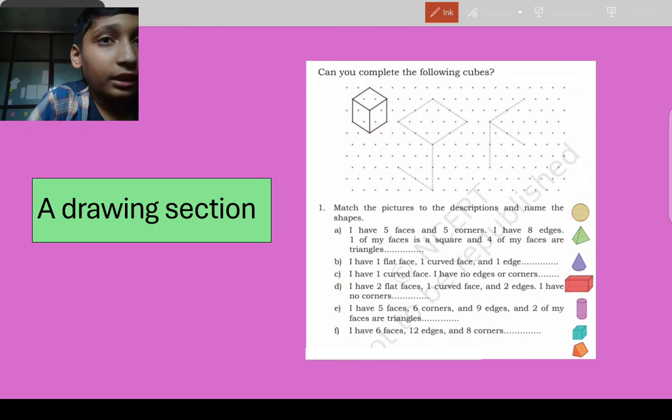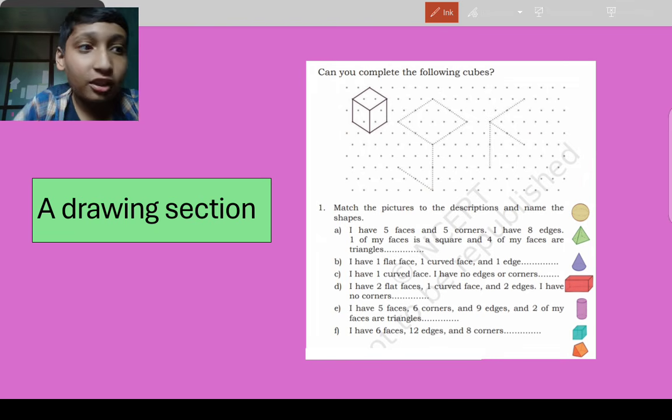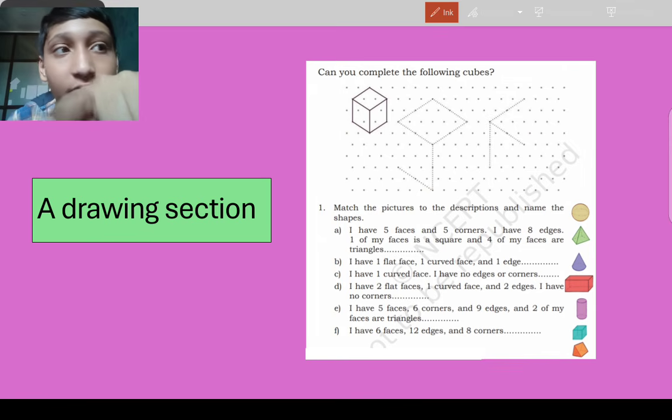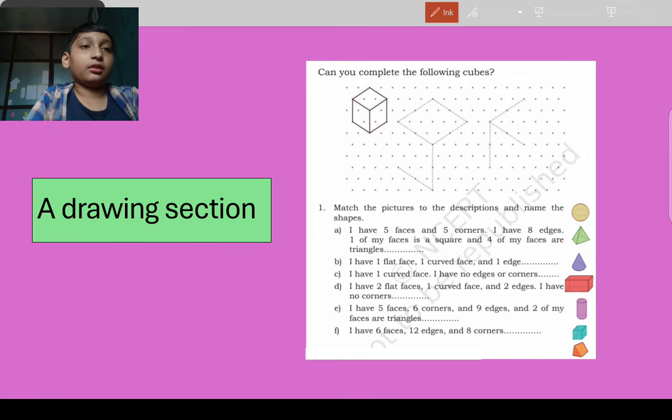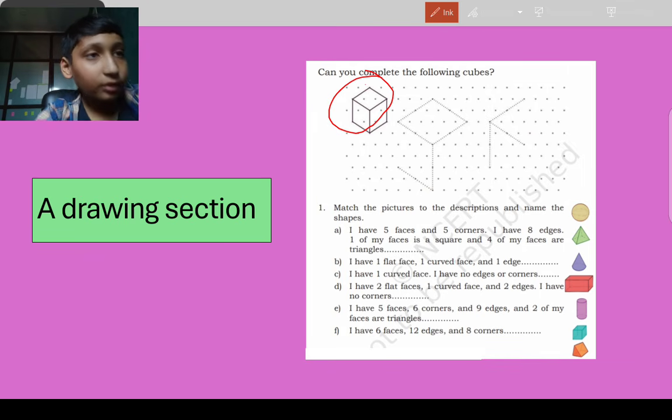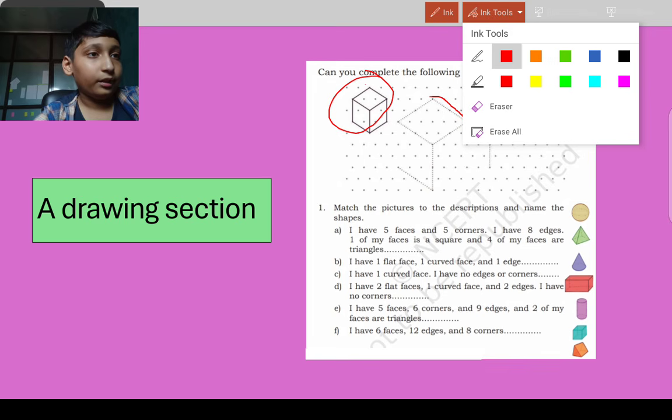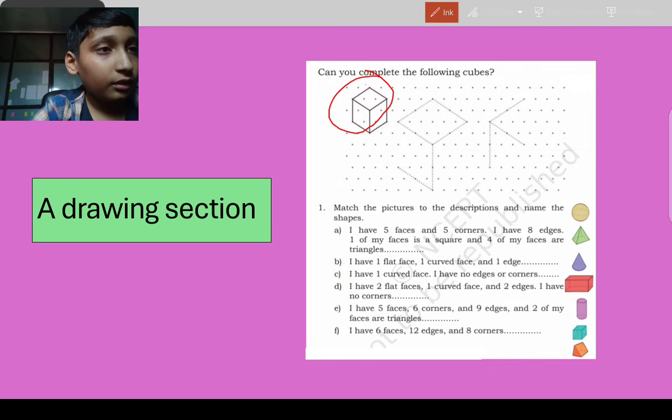So we have to see, can you complete the following cubes? Firstly, there's a cube, there's an example, so we have to trace and draw. So firstly, I'm really bad at drawing, so the dotted lines, of course, are made.